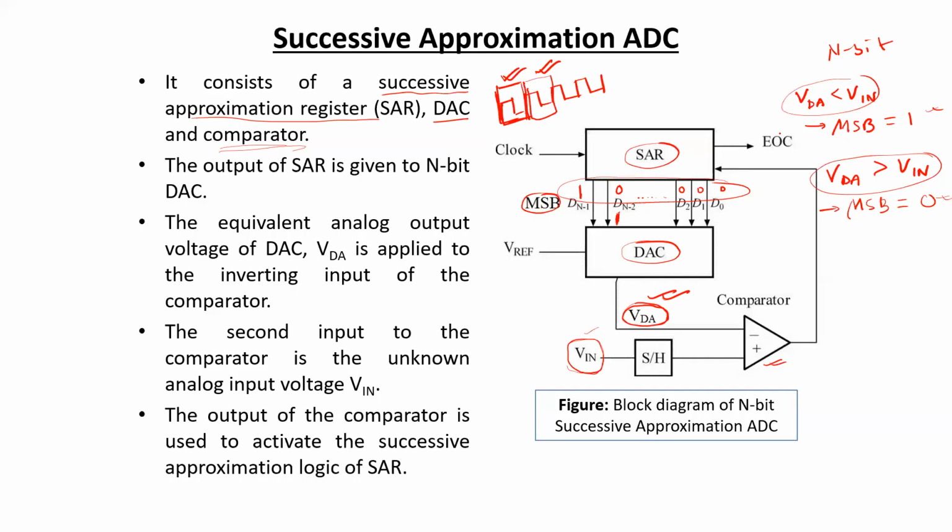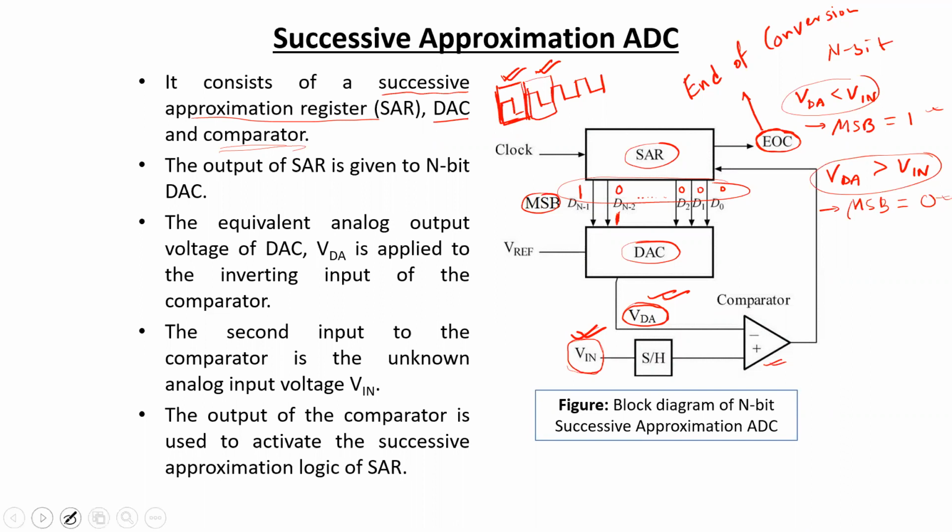When all the bits are checked, a signal will be provided to this particular pin, which is called end of conversion. This means the final bit pattern is obtained, which is the equivalent digital output for this input signal. A confirmation can be taken from this EOC pin, which may be used to actuate some other portion of any connected circuit.